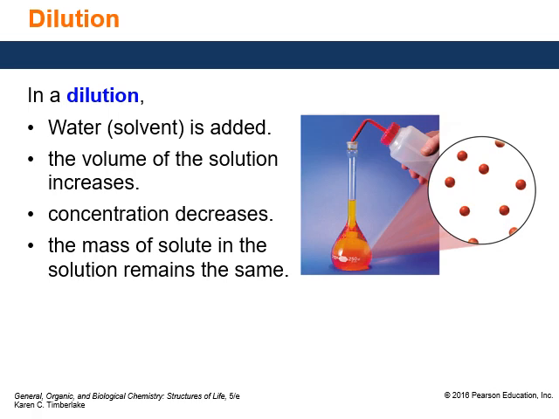So basically, if you take a big jug filled up with water, and let's say I added 5 grams of sugar or 5 spoons of sugar into this, and I filled it up with 50 ml of water.